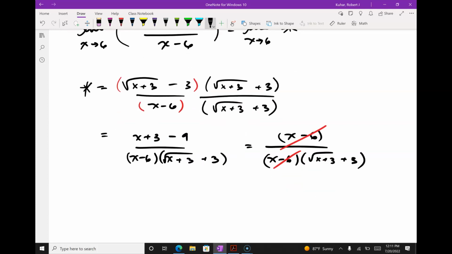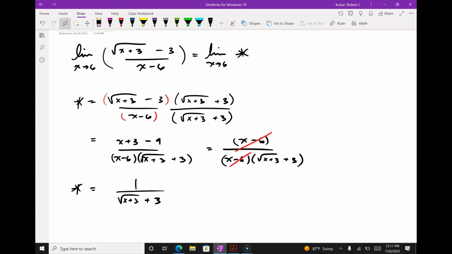So I finally have my value of star, which is 1 over the conjugate. So I'm ready to plug in now, right? I'm looking at the limit as x goes to 6. Is everybody okay here? Of star, which is that conjugate, but evaluated at 6. So it looks like I get 1 over 6.